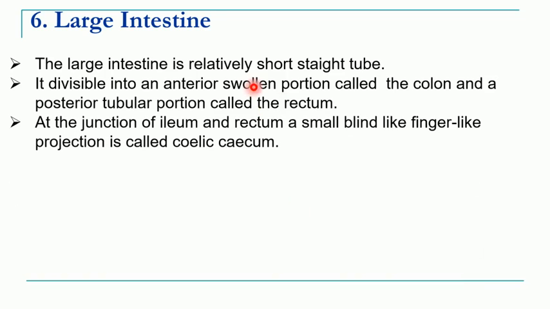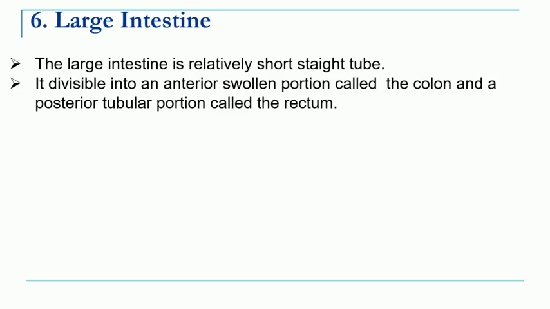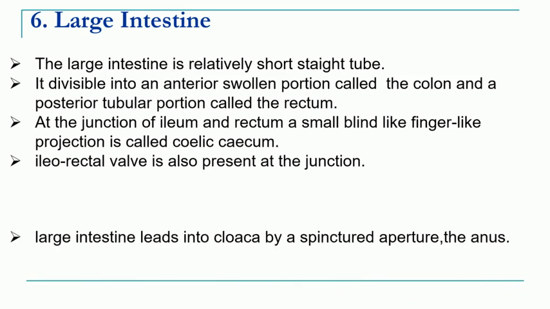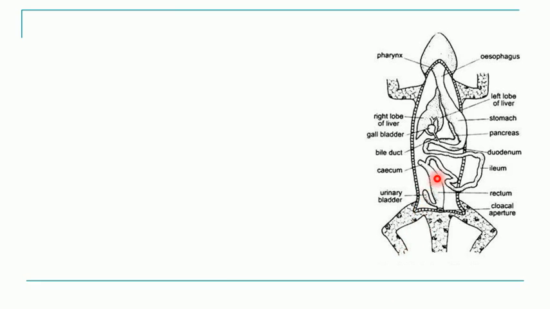And on the junction of the ileum and rectum, there is a small finger-like projection which is called the cecum. So in this diagram, you can see the ileum is opening into the large intestine, but there is a blind bag-like or sac-like small protrusion, or finger-like protrusion, that is called the cecum.